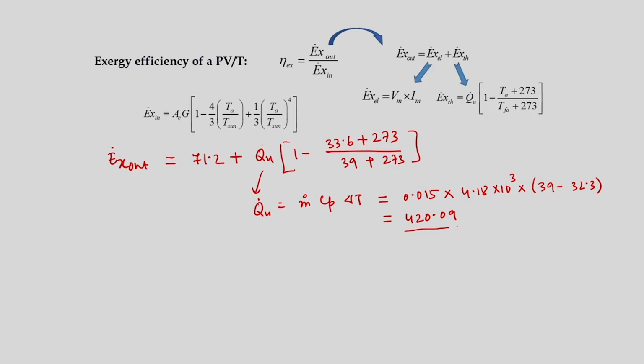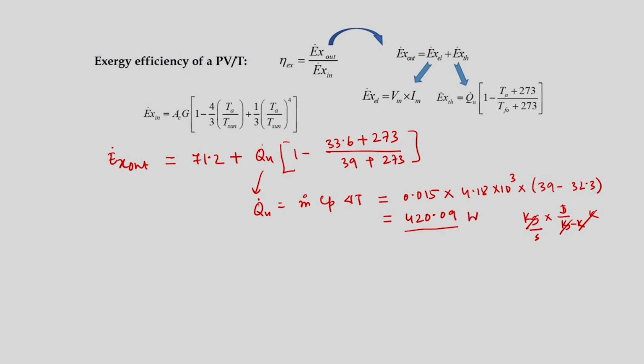420.09. Okay. So, here you can see the unit. Your m is in kg, so joule per kg per degree Kelvin. Okay. This is Kelvin. So, this is coming right, and this is mass flow rate. Okay. So, joule per second is watt.